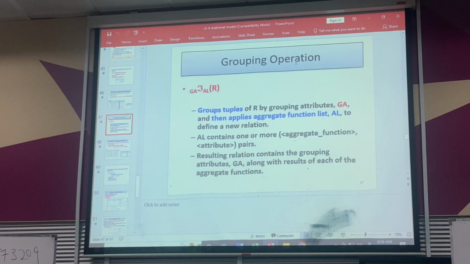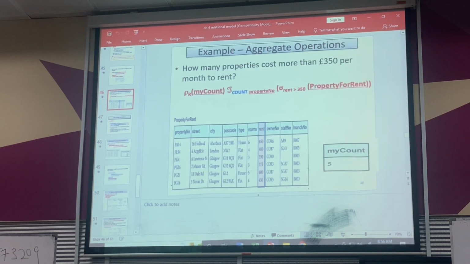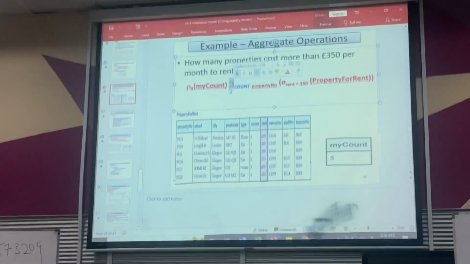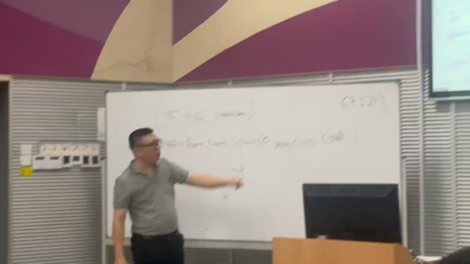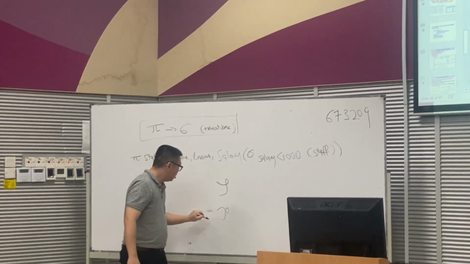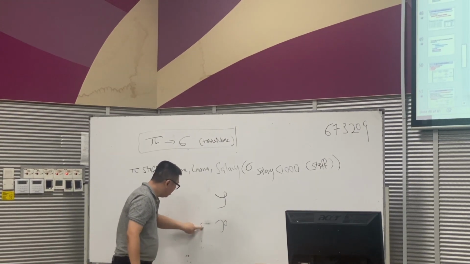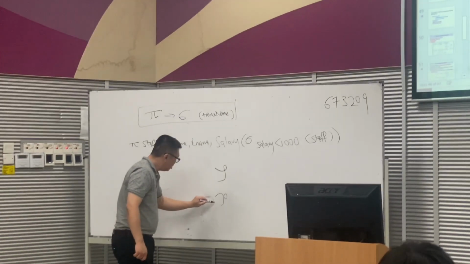Okay, so this is grouping operations. This symbol is an aggregate function, as I mentioned already. Then how do I know there's a grouping? Grouping something in here, for example branch ID.